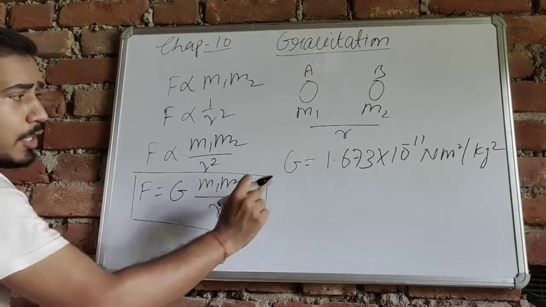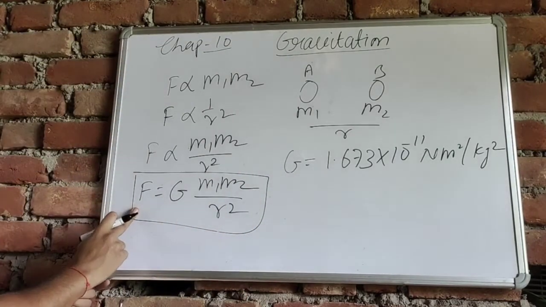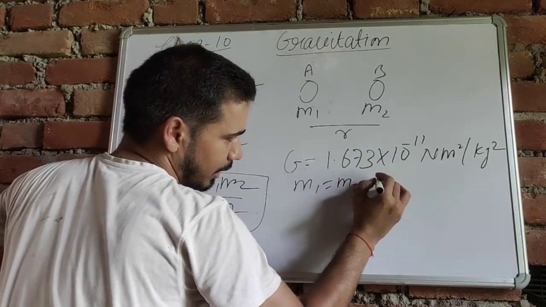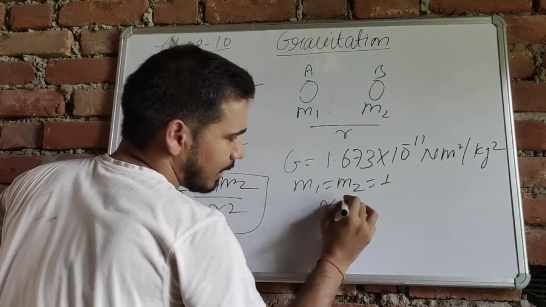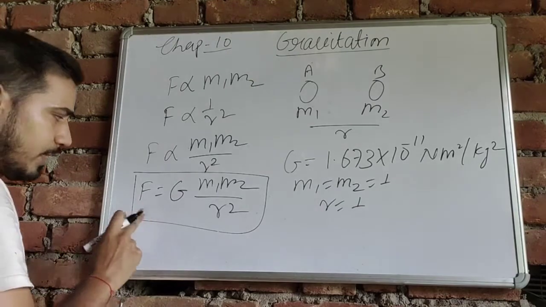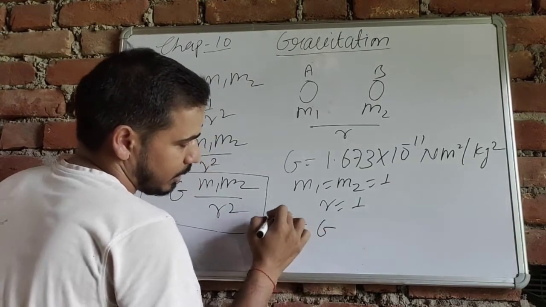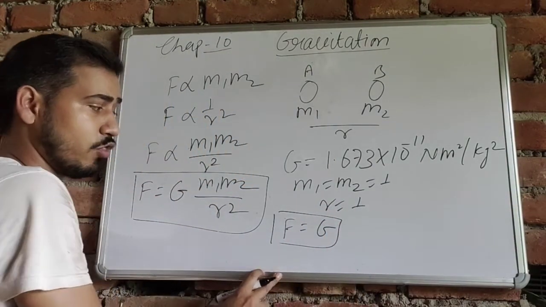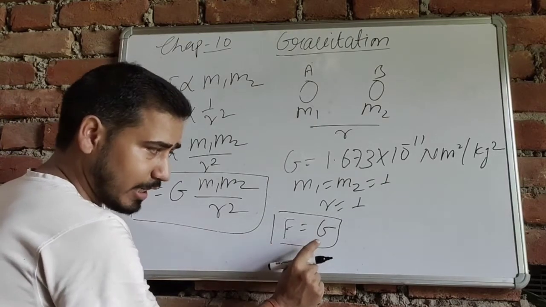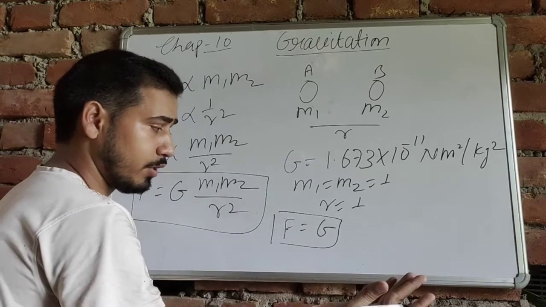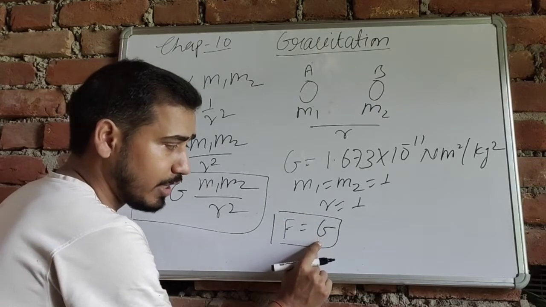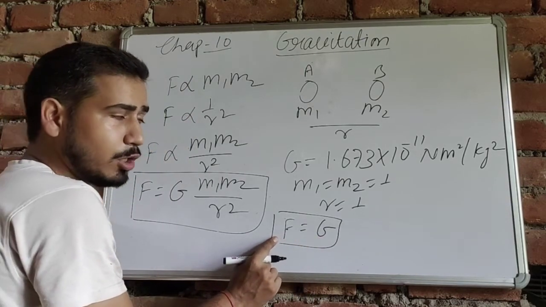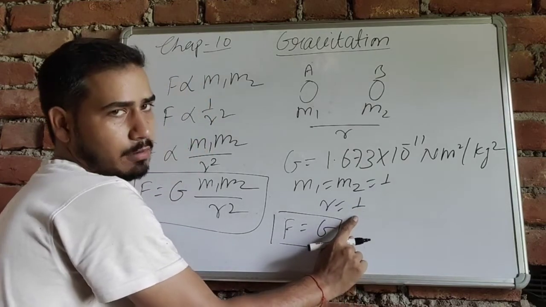If we define the universal gravitational constant G in terms of gravitational force F, in that case, if we put m1 equals m2 equals unity, as well as r equals unit distance, we get F equals G. So if we put this mathematical expression in a statement, in other words you can say the universal gravitational constant capital G is numerically equal to the gravitational force of attraction between two bodies of unit masses separated by unit distance.